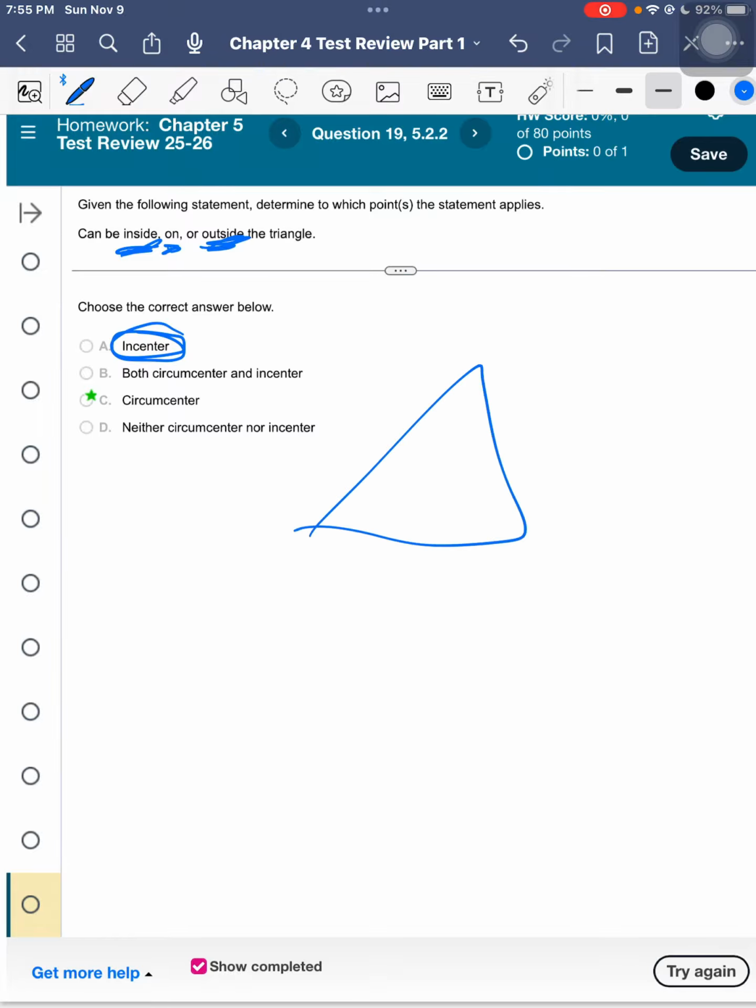Guys, remember, an incenter looks like this, right? Because the circle is inscribed in your triangle. A circumcenter looks like that, where the circle is circumscribing your triangle. So when the circle is circumscribing the triangle, that circumcenter could be here, in this case for an acute triangle.